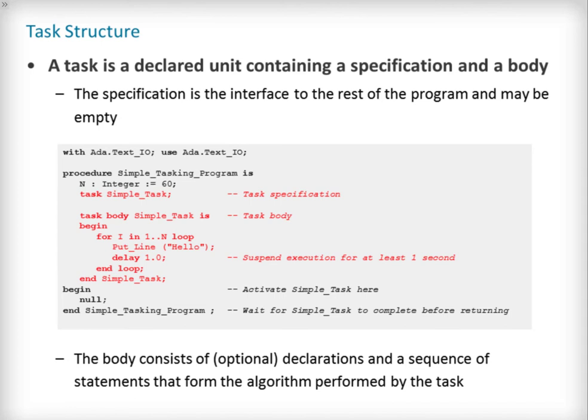The declaration may be local to a subprogram body, block statement, or even another task body, and it can also be in a top-level package, in which case the task specification would go in the package spec, and the task body would go in the package body. The task body is the algorithm that will be performed by the thread of control that executes the task. It may contain declarations and also has a statement part.